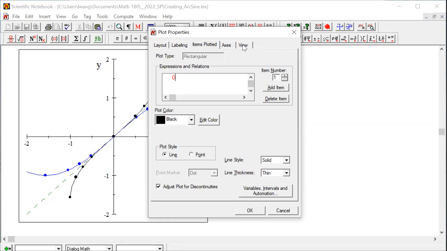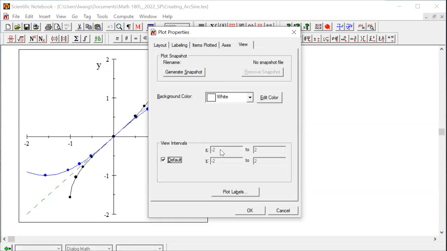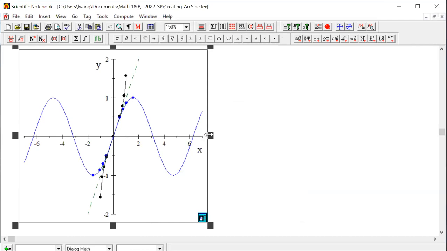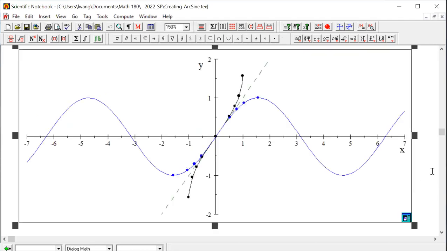So you can see in the popular community, I'm going to make it a larger interval. You can see this black one is arcsine, and the sine from negative pi over 2 to pi over 2 on this piece is considered as a part of the entire sine.